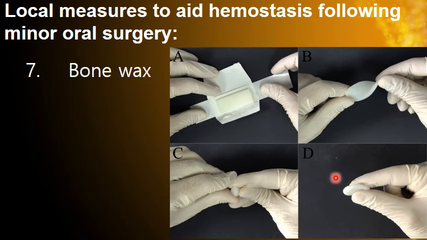I reflect the soft tissue carefully. Then, using a cotton, I dry the area of the bone and then I will see if there is any bleeding from the bone. I will see the points of bleeding. After that, I will use the bone wax to put it on the bone and close these bleeding channels.